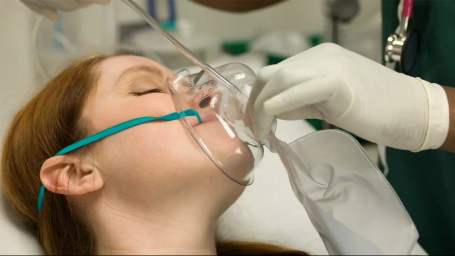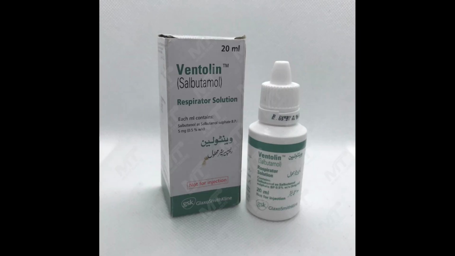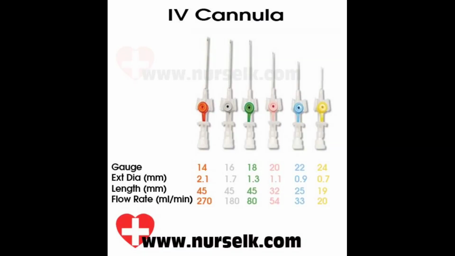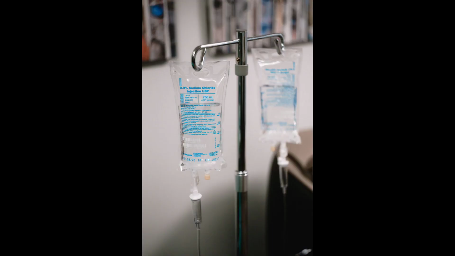In a similar way, if you need any of the masks like non-rebreather mask, venturi mask, or the nebulization mask, you can get it from the A. If you need any drug like Ventolin or ipratropium bromide, you can get it from the D. And if you need IV cannulation, IV fluids, or IV blood vials, then you can get these things from C, the circulation box.